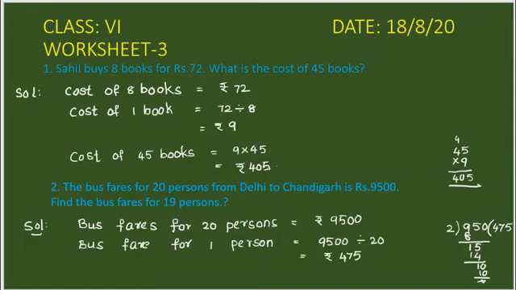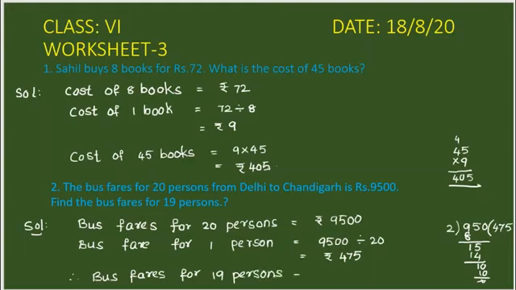But we want here for 19 persons. Therefore, bus fare for 19 persons equals, what do we get?